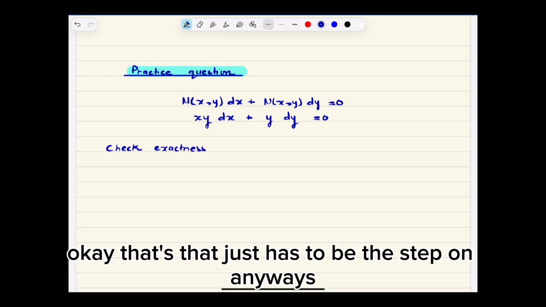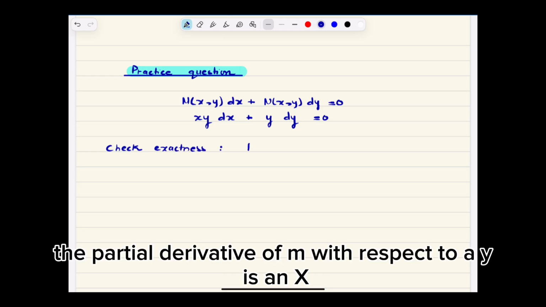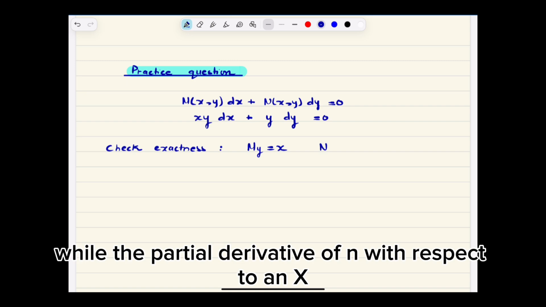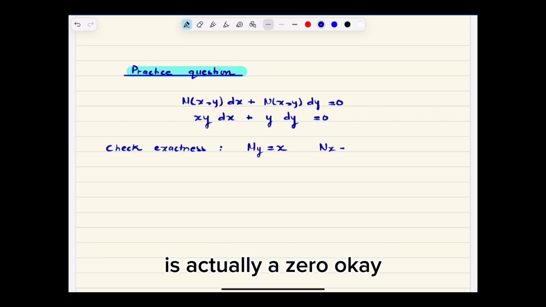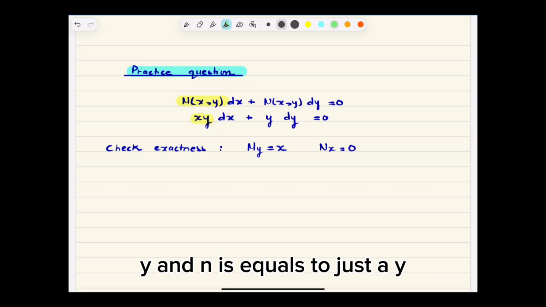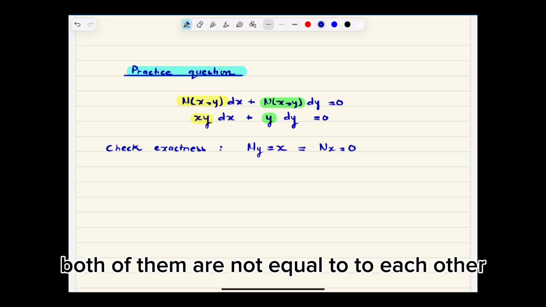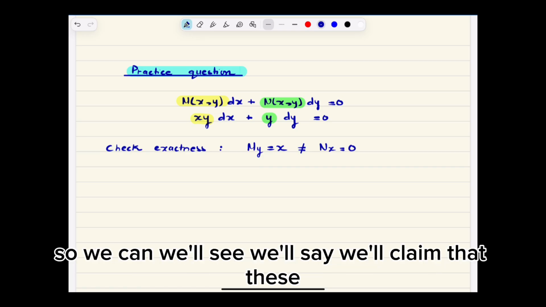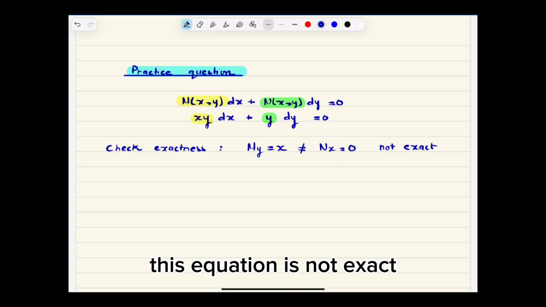That just has to be step one anyways. The partial derivative of M with respect to y is x, while the partial derivative of N with respect to x is actually 0, because M is equal to xy and N is equal to just y. As you can see, both of them are not equal to each other, so we'll claim that this equation is not exact, so we are a bit disappointed.